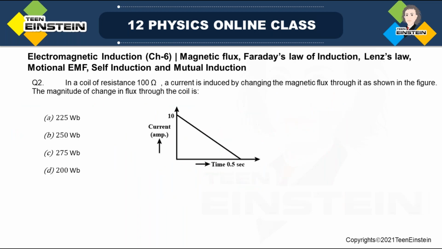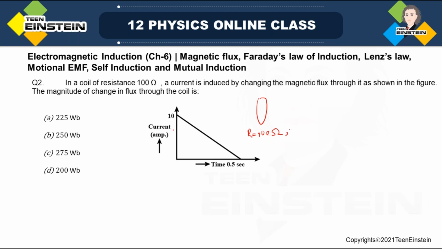Here, in a coil of resistance 100 ohm, so there is a coil, it has 100 ohm resistance. A current is induced by changing magnetic flux through this, as it's shown in the figure.